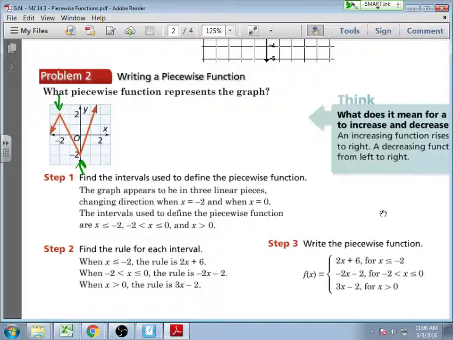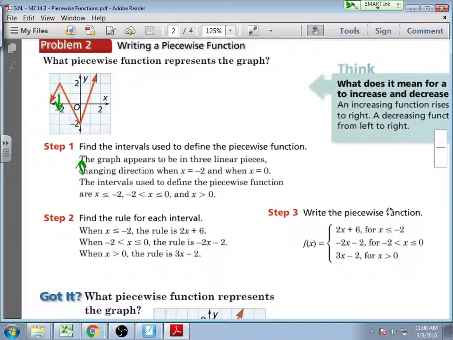So down here, these would not all necessarily have to be these, but what you have to make sure happens is either this line or this line includes this point and the other one can't, right? Because they cannot both include it. So notice my first function is the 2x plus 6.